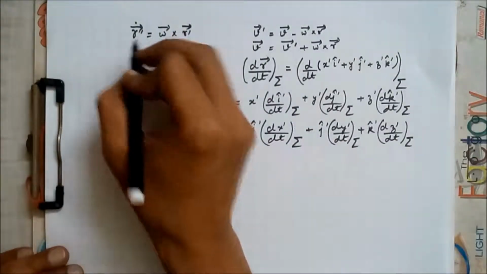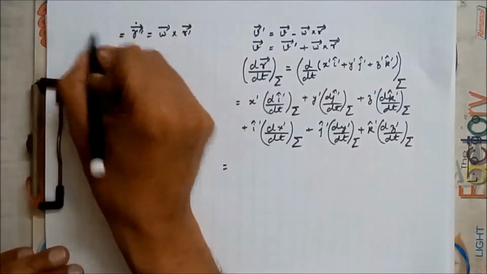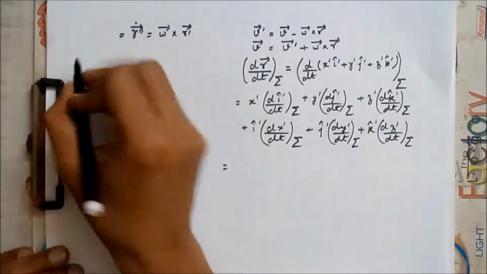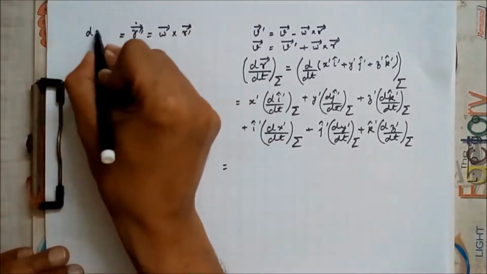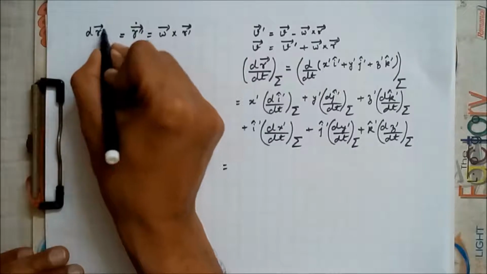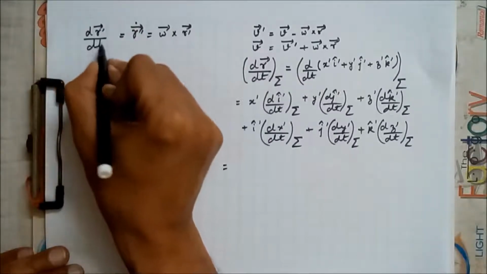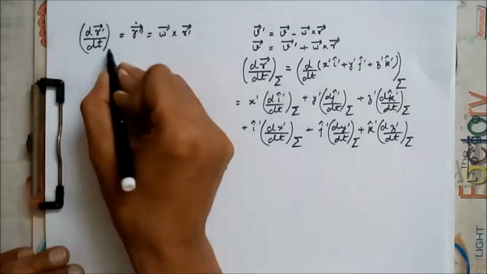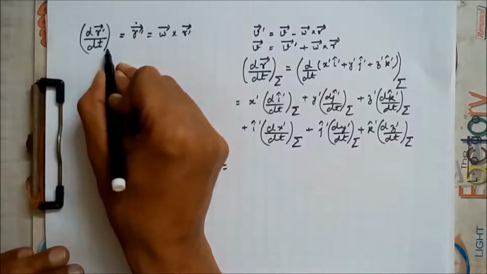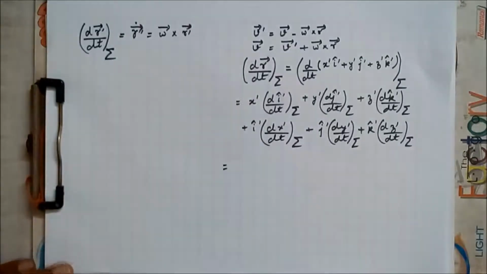In this formula, r primed vector dot just means dr primed vector over dt, the differentiation being done in the unprimed frame of reference.